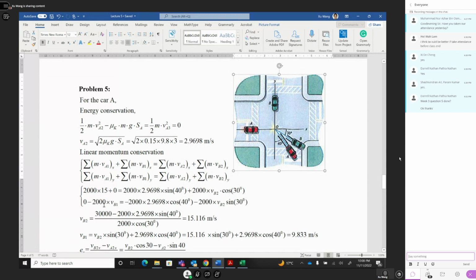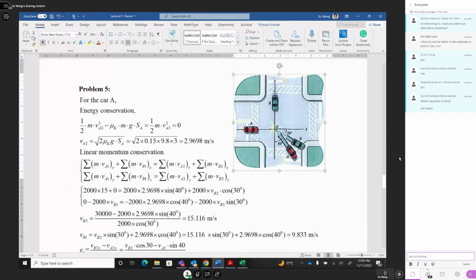Okay, this is before impact. After impact, car A has speed like that: m times this VA momentum, times cosine 40 or 45. Pointing down is negative, so minus 2000 times this speed, times cosine 40 degrees.